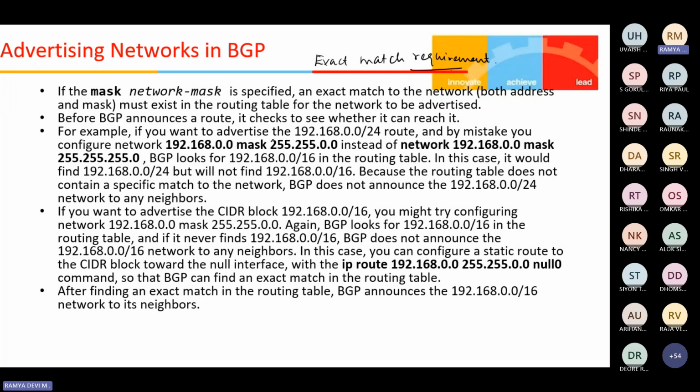If the entry in the routing table does not exactly match, BGP will not advertise it. So the reachability check must be there. Before advertising, BGP will verify whether that route is present and reachable in the routing table. If it is not reachable, it will not be advertised to the neighbors.